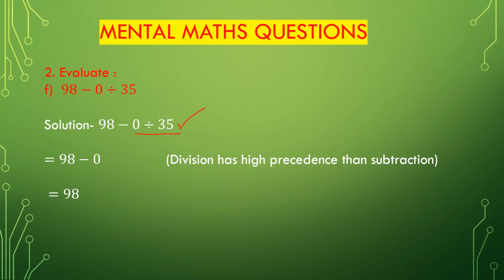We know 0 divided by any whole number, we get 0 only. So 98 minus 0 is equal to 98. So we get 98 minus 0 divided by 35 equal to 98.